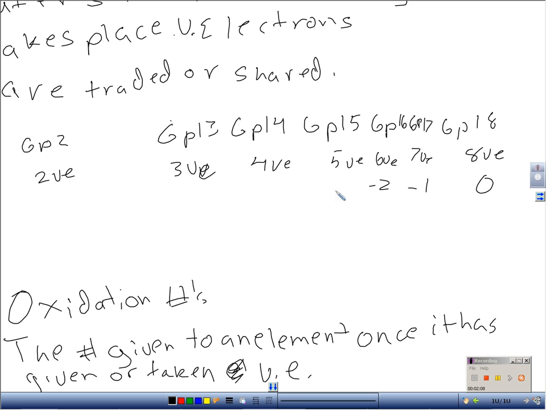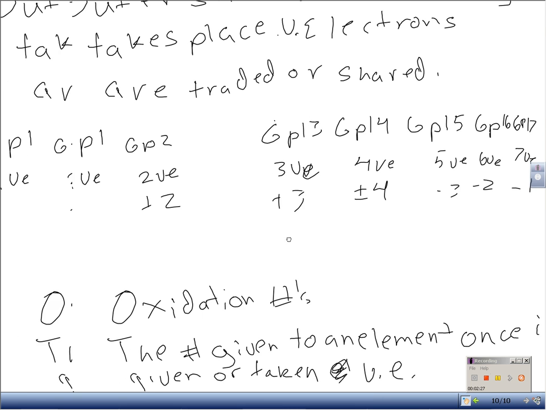Group 16 is -2. Group 15 is -3. Group 14 is plus or -4. That's because carbon, silicon, and germanium can either gain or lose 4 electrons to become stable. Group 13 is +3. Group 2 is +2, and then group 1 is +1.